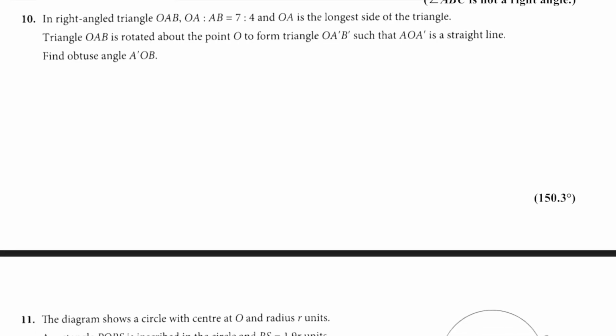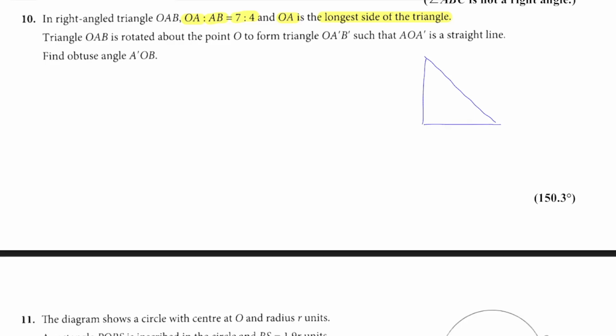So for this question, you need to draw a sketch of the right angled triangle first. Let's draw the sketch. Okay, then we have this statement that says OA to AB is 7:4, and OA is the longer side of the triangle.